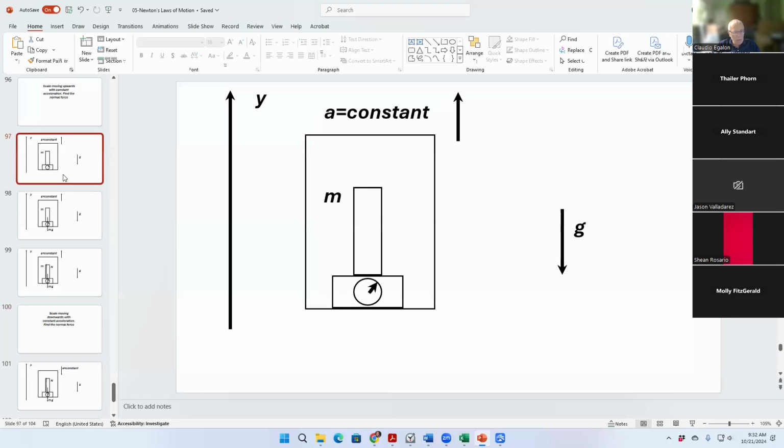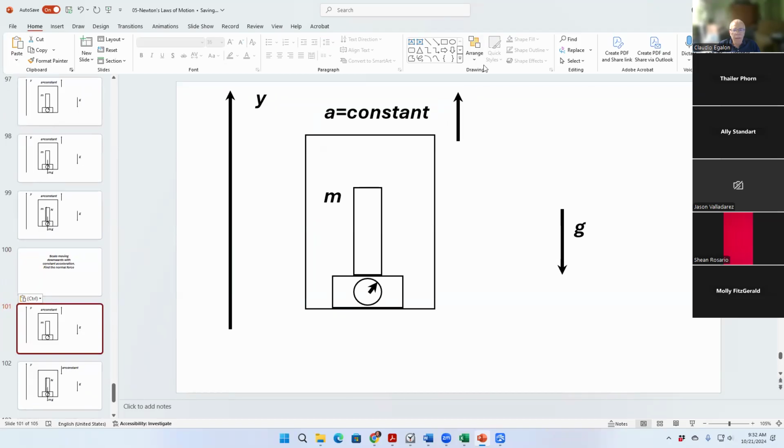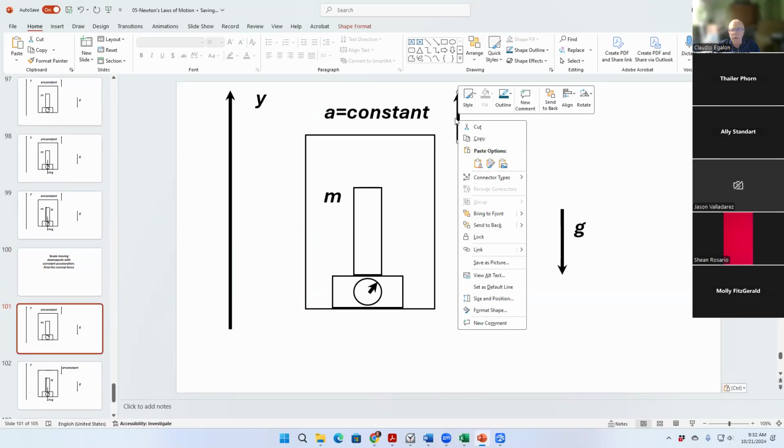Just like before, we're gonna play the movie, right? Here you go. The acceleration now is downwards.